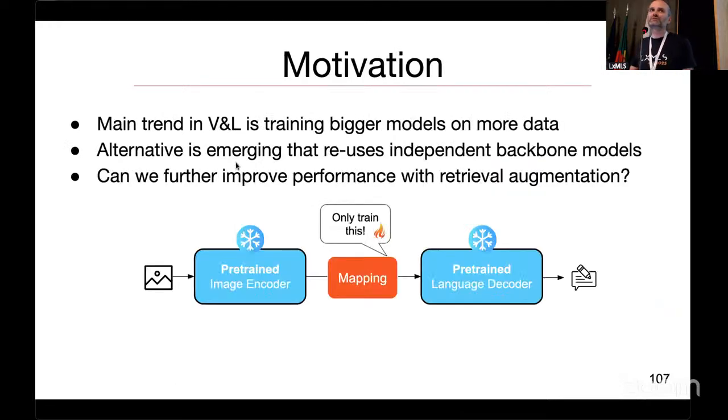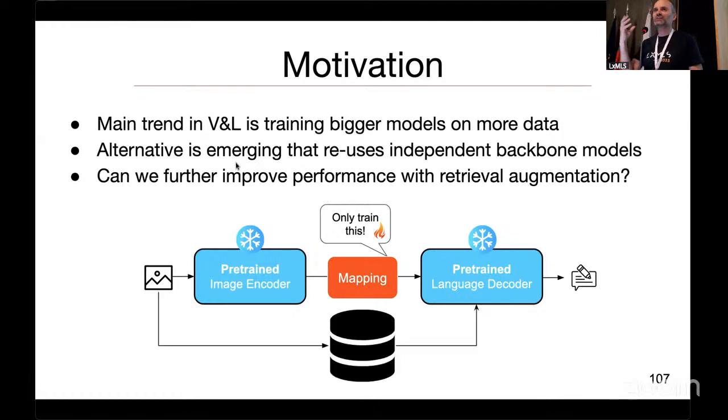The motivation for thinking about this in the multimodal space was that there's been this trend towards training bigger and bigger vision and language models, until SmolVLM came along and made everything small again. An alternative that we were seeing was that we could reuse backbones and train small projection layers. The small projection layer gives you a really constrained bottleneck.